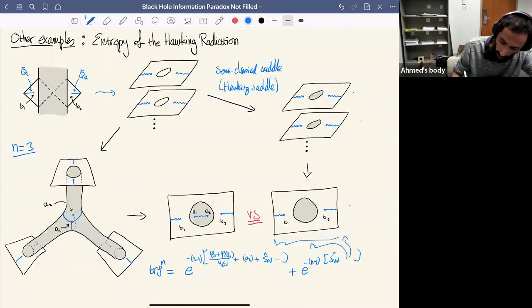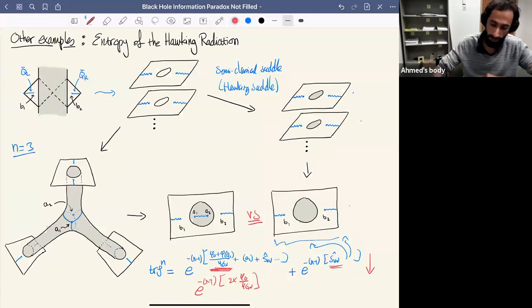The point is that, as you noted, initially this thing had this extra suppression factor. There are two factors of phi naught over 4G Newton, so this equals e to the minus n minus 1 times 2 times phi naught over 4G Newton. But this term decreases as a function of time, because this entropy here continues to increase as a function of Lorentzian time.